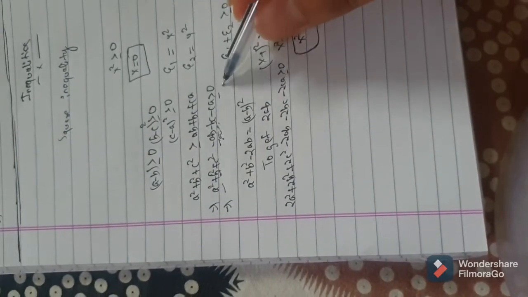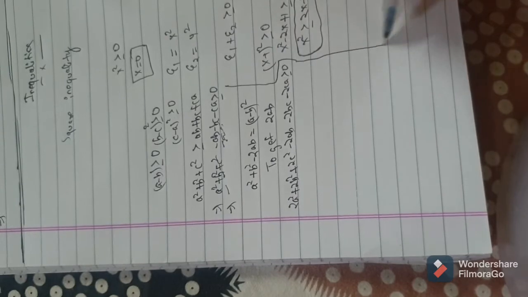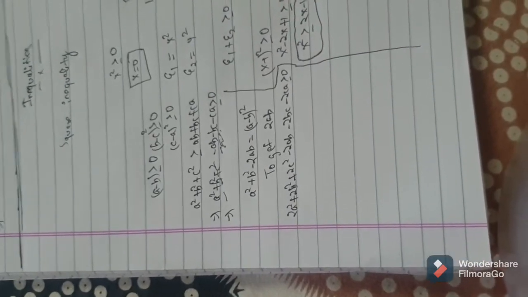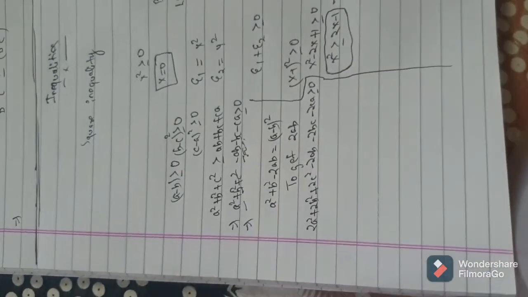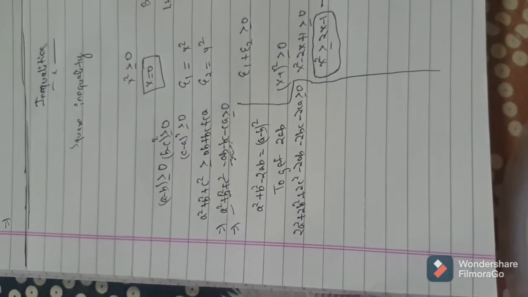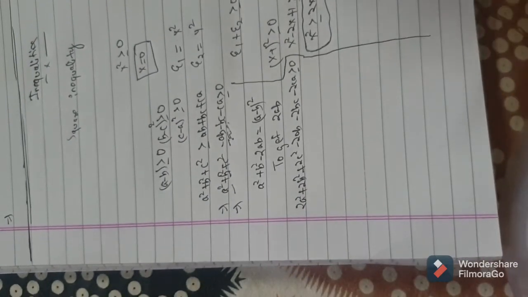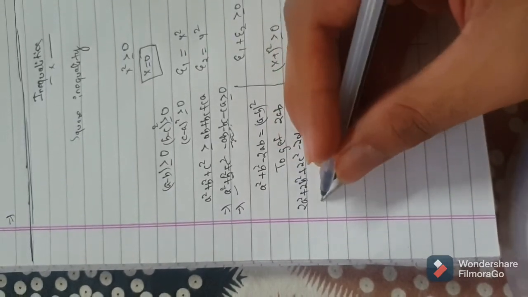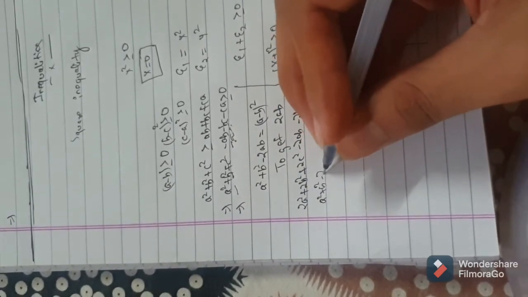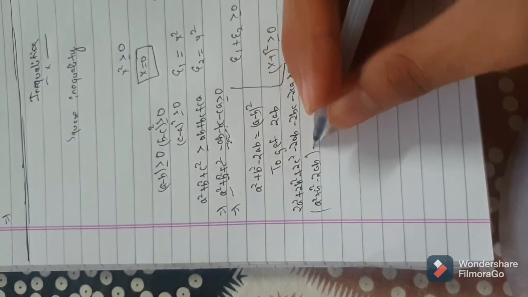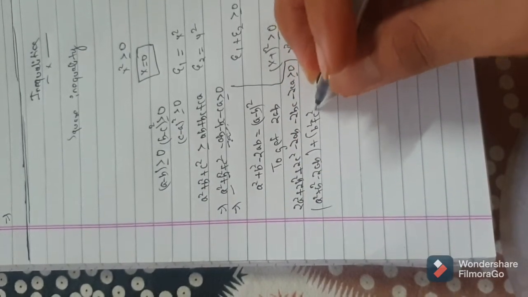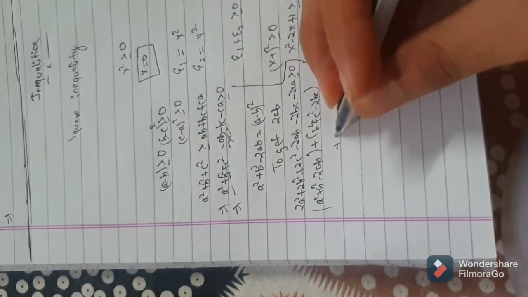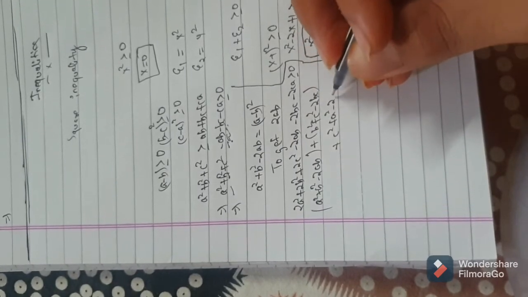This is left to prove. Let me make a line. Now what do we do? I think the idea is pretty clear now. We can split this as a square plus b square minus 2ab, plus b square plus c square minus 2bc, plus c square plus a square minus 2ca.